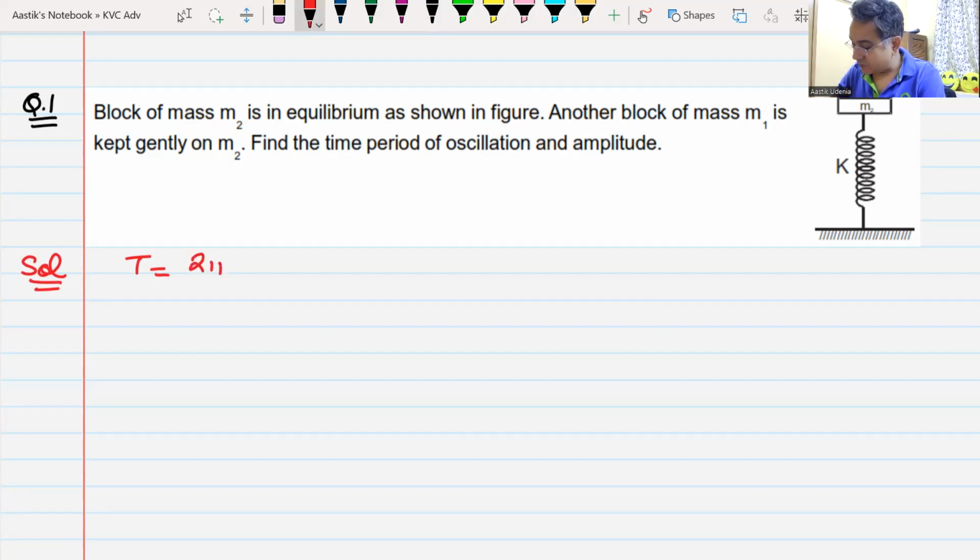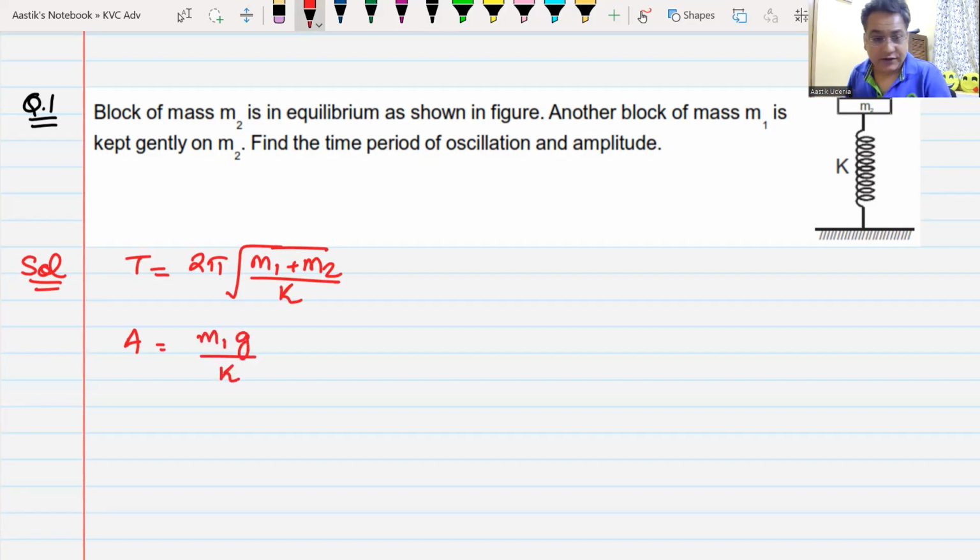It will be simply equal to 2 pi root over (M1 plus M2) divided by K. Do we remember this? And what will be the amplitude of oscillation? It will be equal to M1g by K. Do we remember this? We have done the same question before.